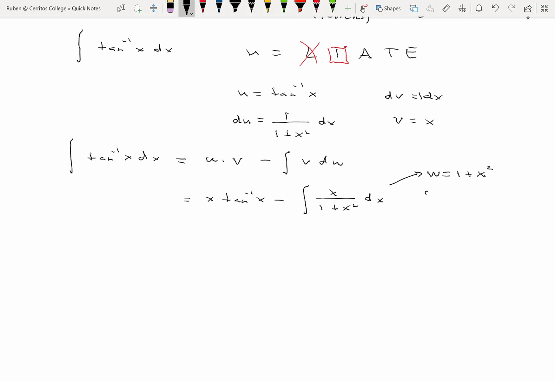But if I let w equal 1 plus x squared, I get dw equals 2x dx, or x dx equals 1/2 dw. So we're looking at x times the inverse tangent of x minus, making the substitution, 1/2 dw, and we're only left with 1 over w.